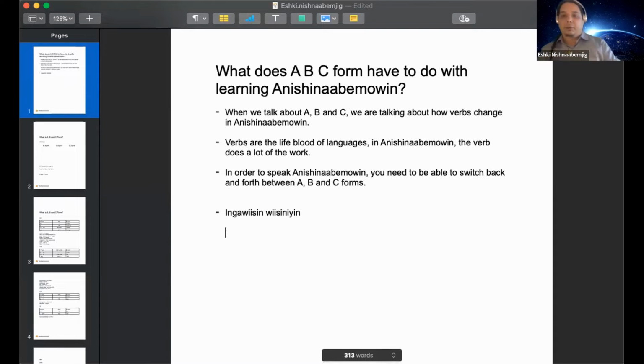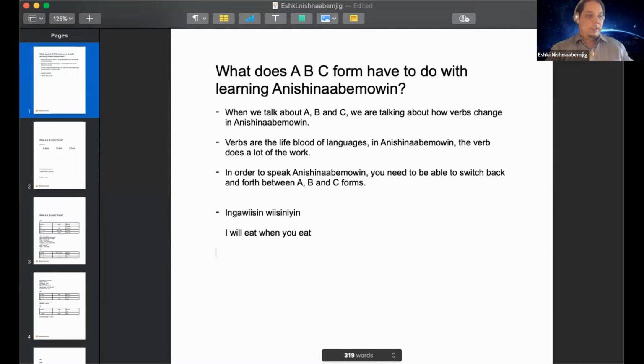In Nishnaabemowin, because the verb has multiple forms, they do some of the work of little words in English. So this sentence could be, I will eat when you eat. That's one possible interpretation of this sentence. All right. The other is, I will eat if you eat.